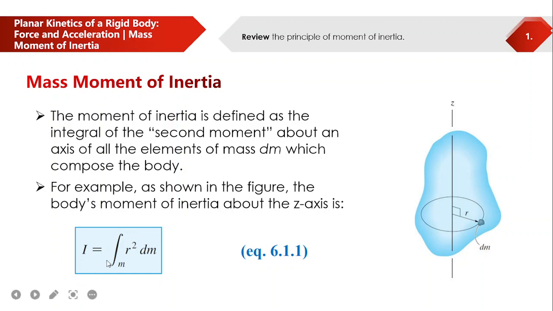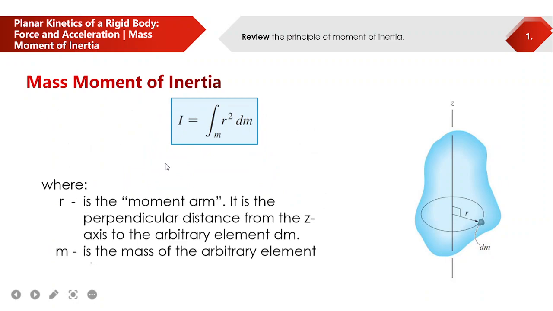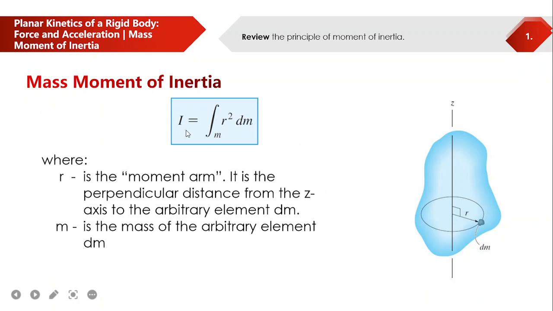That is how you compute your mass moment of inertia. Here I is the mass moment of inertia, and r is the moment arm, the perpendicular distance from the z-axis to the arbitrary element dm. And m is simply the mass of the arbitrary element dm.